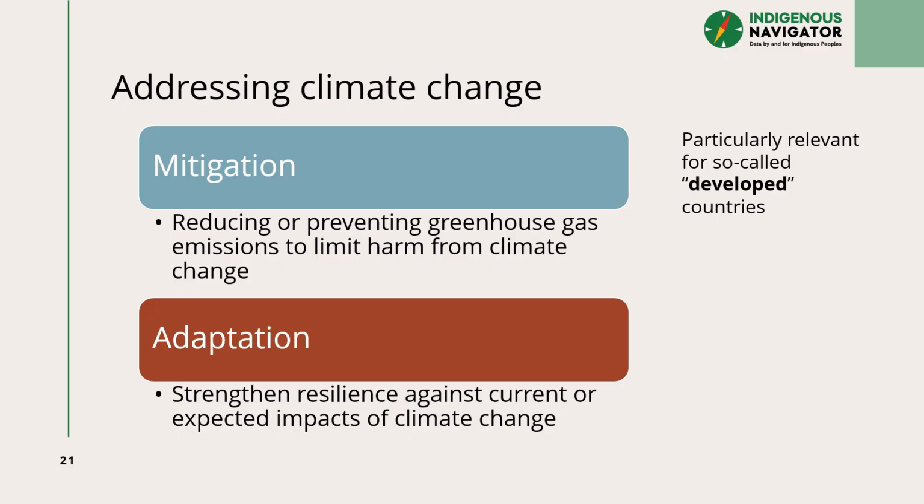Unfortunately, these are often countries and communities that have contributed the least to the causes of climate change and also have fewer resources to adapt to its impact. This often includes so-called developing countries. This includes Indigenous peoples who may live closely with and be culturally connected to land and marine ecosystems.